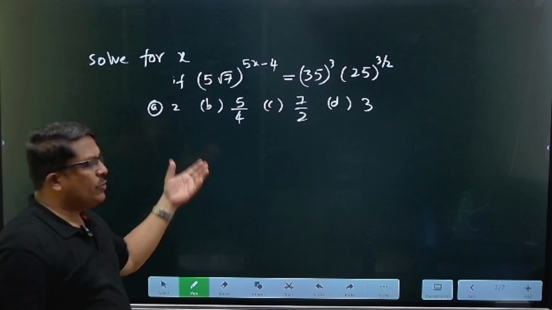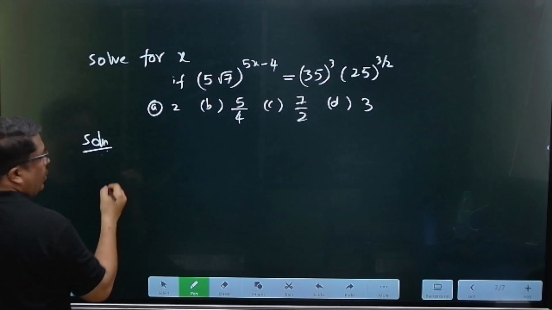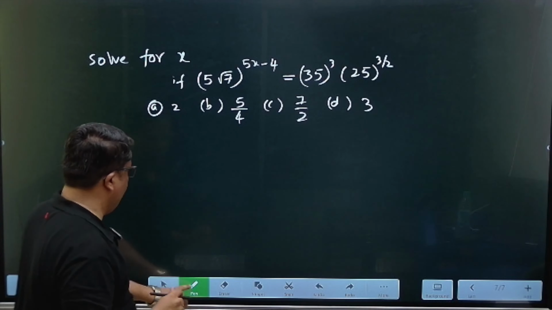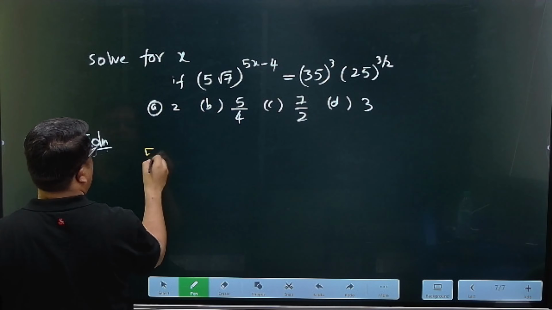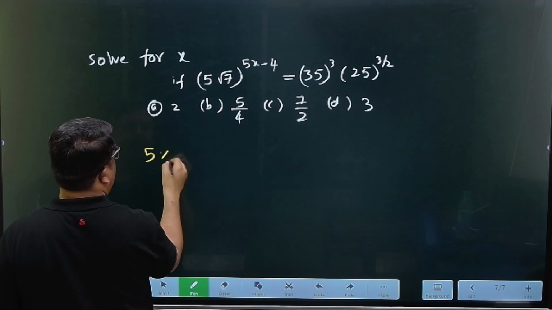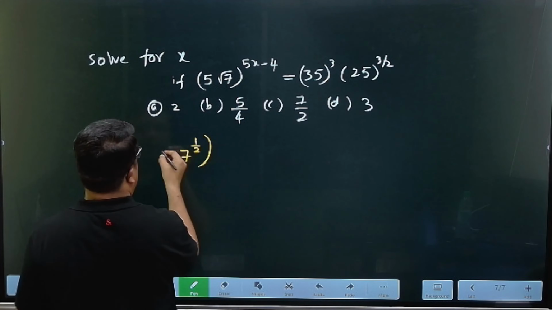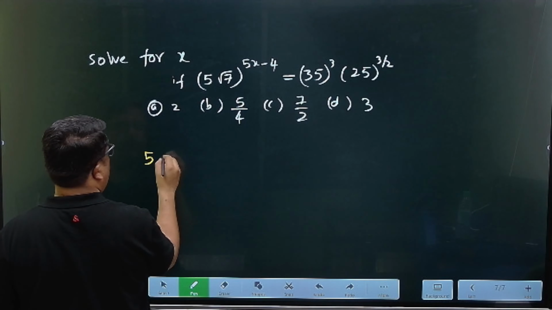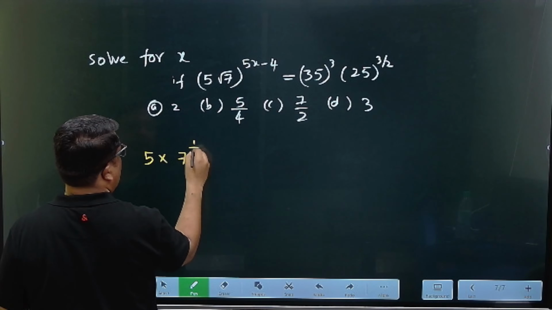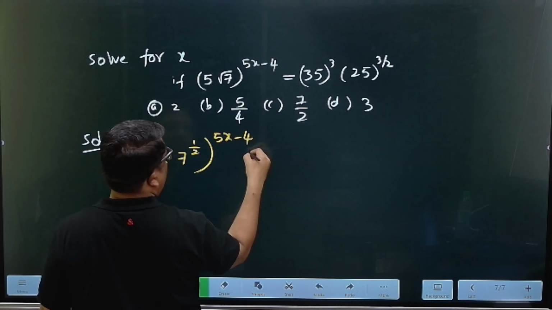So student, let me solve this by using the laws of indices which we have studied just now. So 5 root 7 can be written as 5 into 7 raised to half, raised to 5x minus 4.